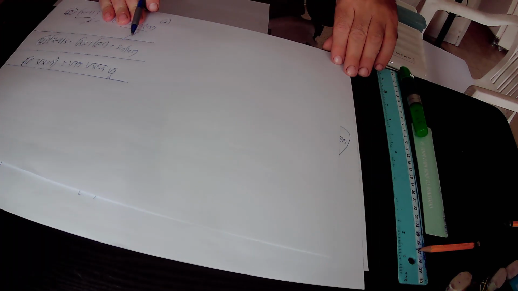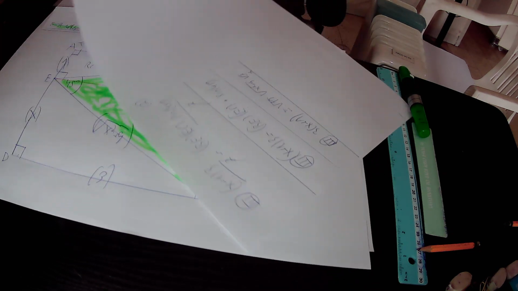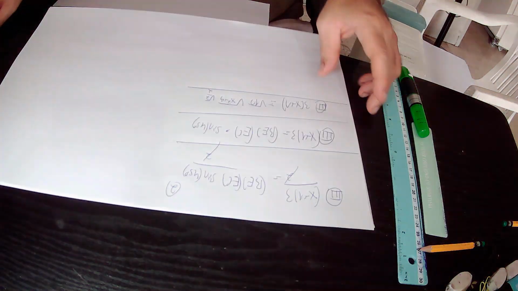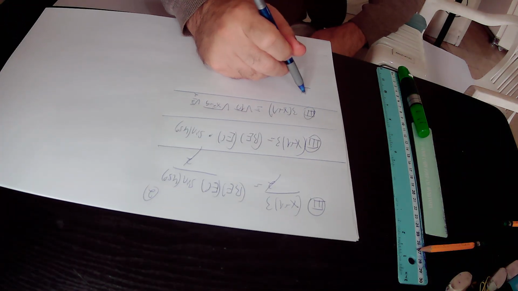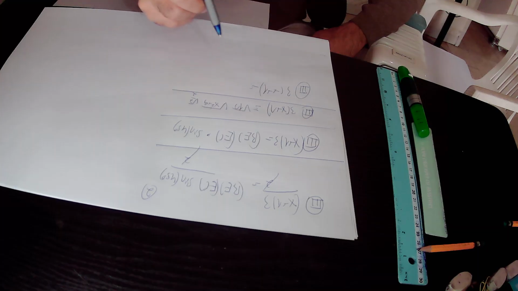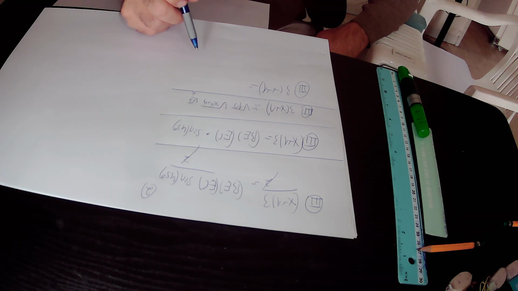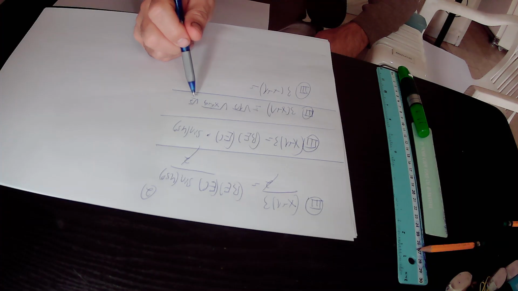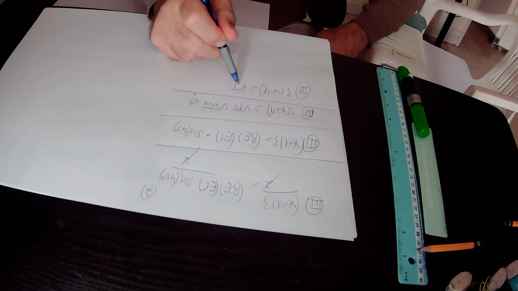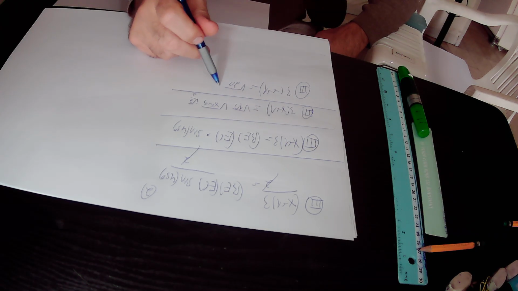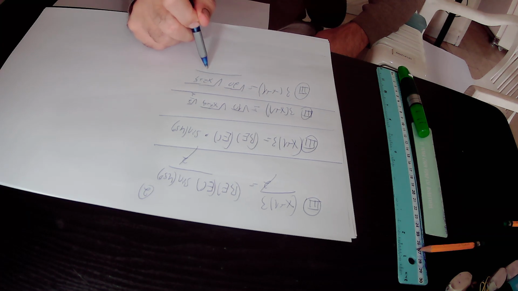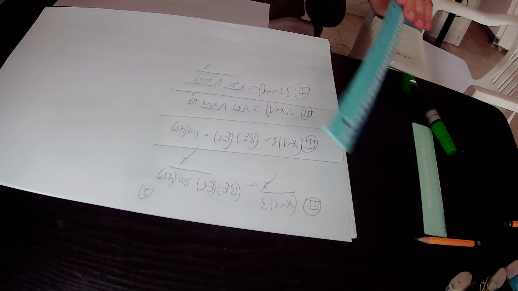So we found out that according to equation 3, 3 times (x plus 1) equals the square root of 2 times the square root of 10 times the square root of 2, which equals the square root of 20, times the square root of x squared plus 9, over 2.